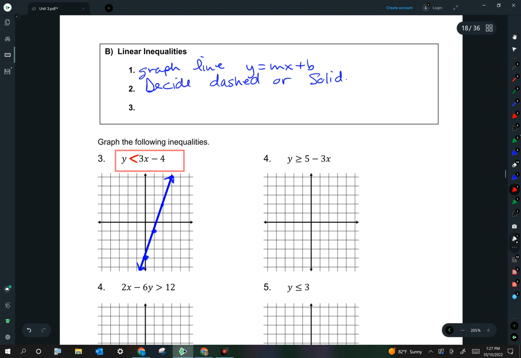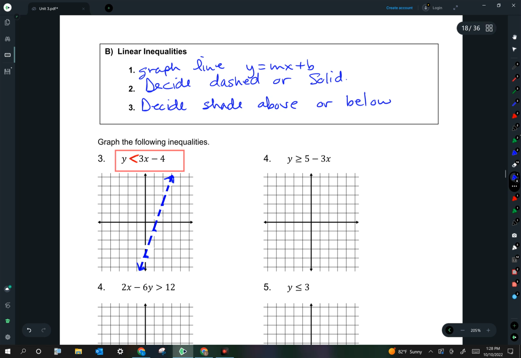So I need to make this line look like a dashed line. I'll just put some little eraser pieces in there, so I've got this dashed line. And then the final thing you have to do is decide if you should shade above or below the line.